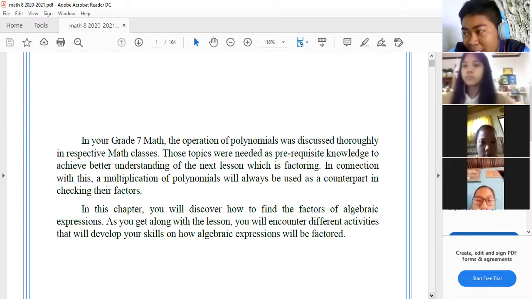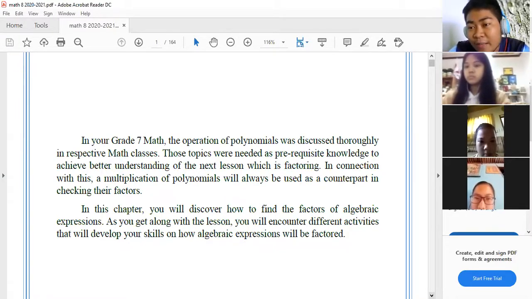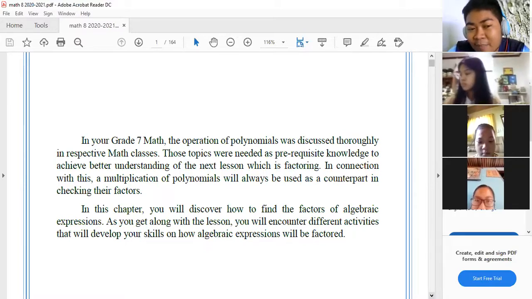If you don't understand multiplication or the operations of polynomials, which are addition, subtraction, multiplication, and division of polynomials, you will not understand our lesson, because it is prerequisite knowledge needed to achieve better understanding of the next lesson, which is factoring.